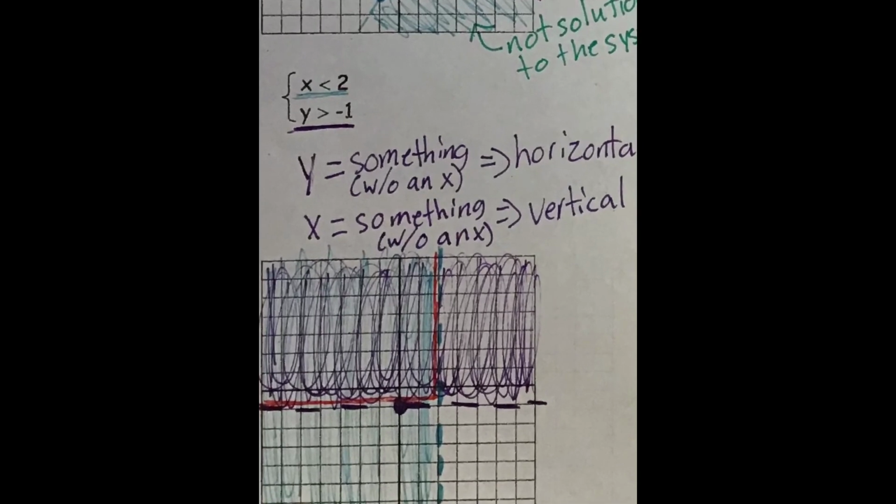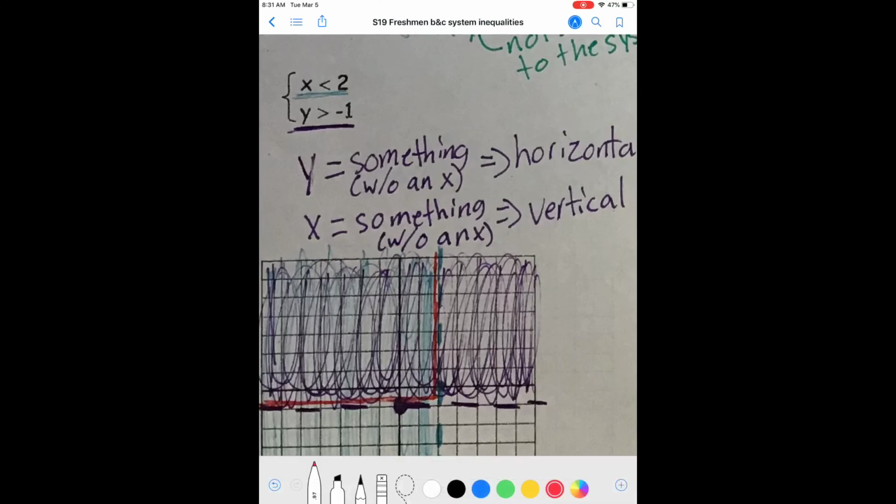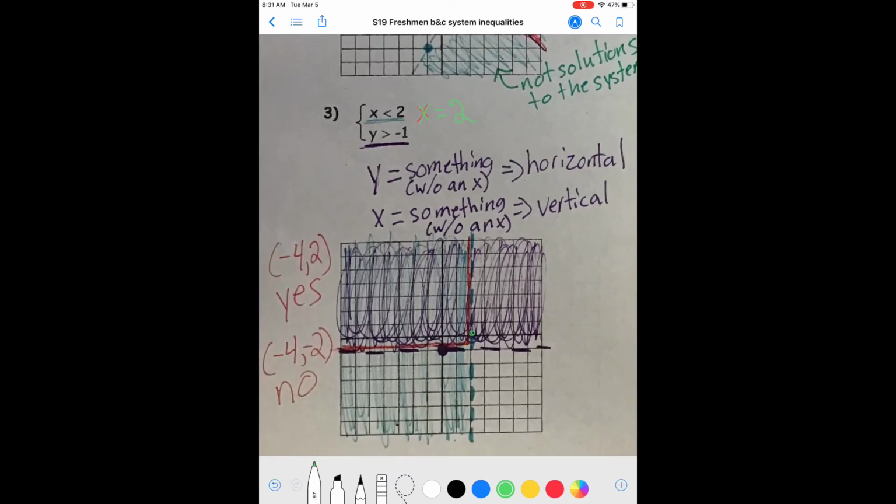So if it was x equals 2, we would start at x equals 2, or the ordered pair 2, 0, and then we would have a vertical line. So if x equals something, without an x or a y on the other side of the equal sign, it's going to be a vertical line.